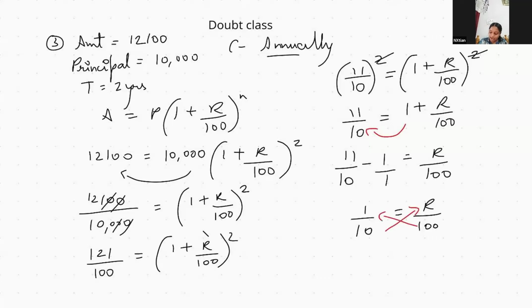So I will get 10R equals 100. 100 ones are 100. R equals 100 divided by 10, so R is 10%.